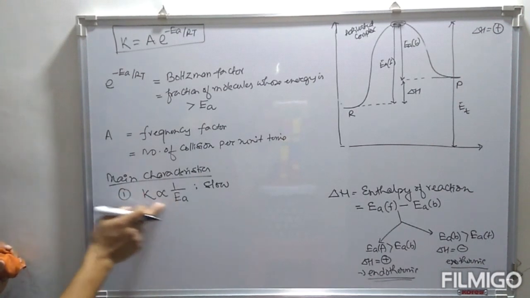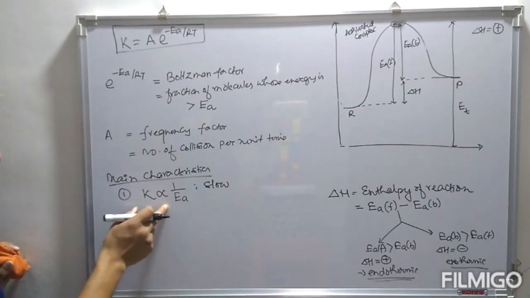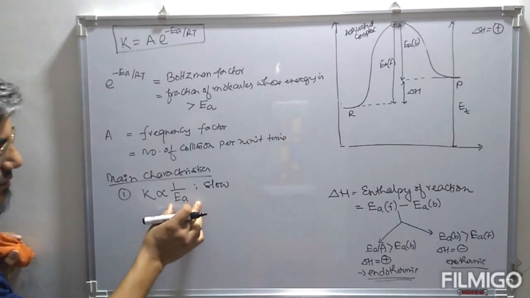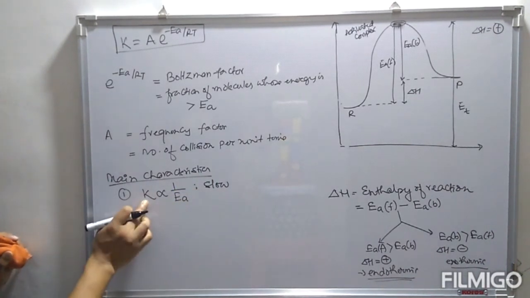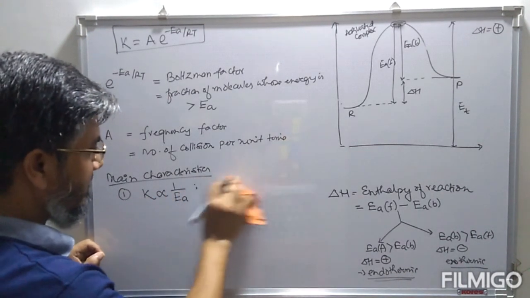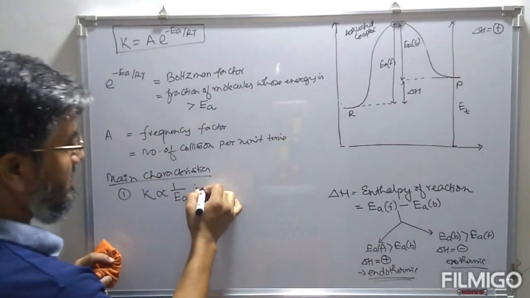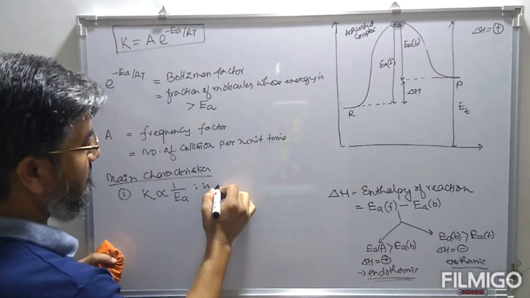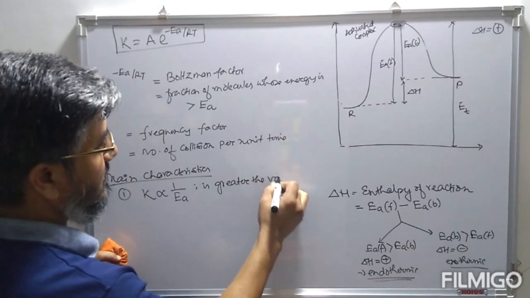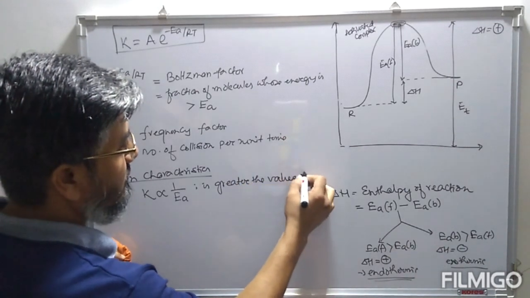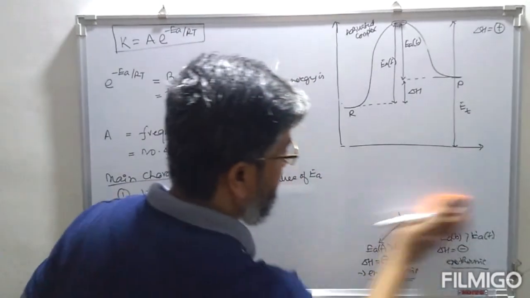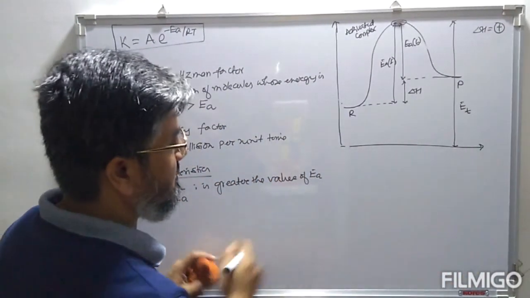So if different activation energies are given, the reaction having more activation energy will be slower. Greater the value of activation energy, slower the reaction.